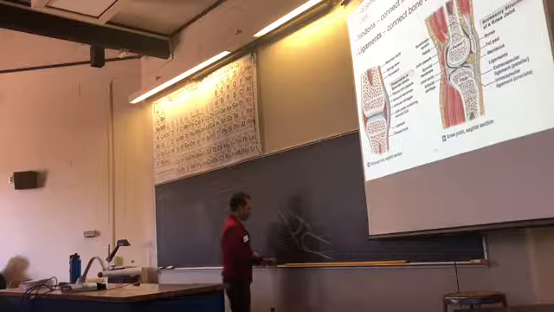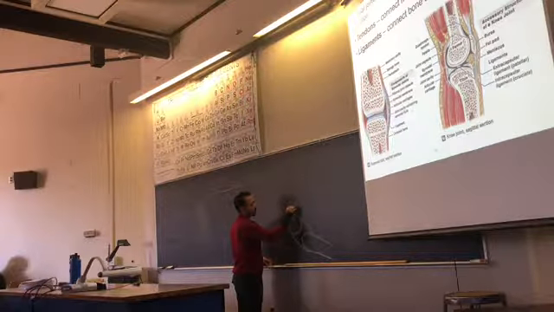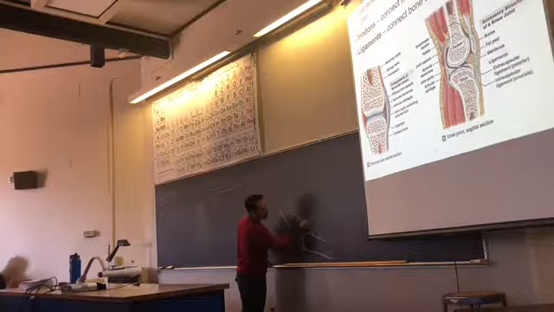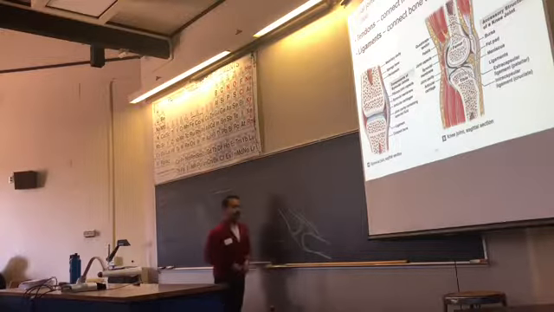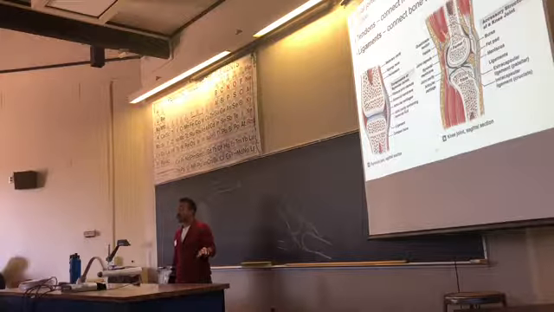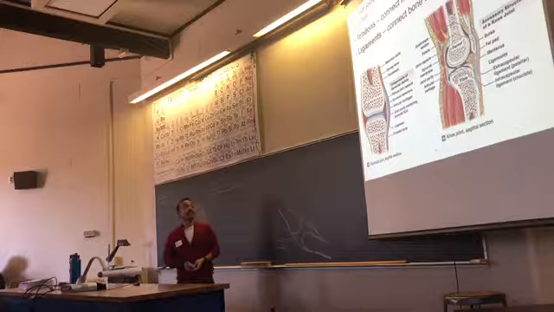Let's say this is a muscle. There's our tendon. You're also going to have ligaments to help secure the bones so they don't get too far away from each other.